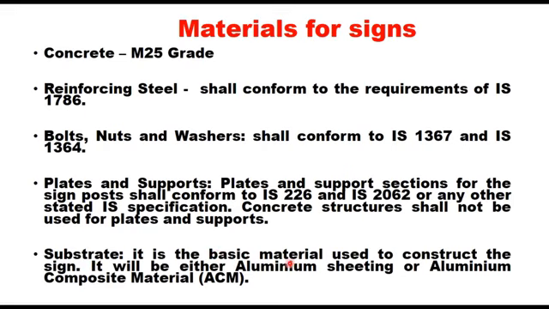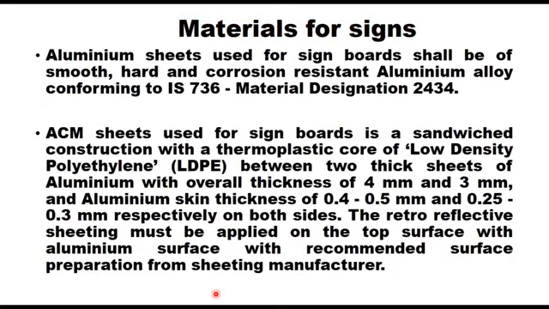And substrate is the basic material used to construct the sign. It will be either aluminum sheet or aluminum composite materials. Aluminum sheets used for signboards shall be smooth, hard and corrosion resistant aluminum alloy conforming to IS 736.